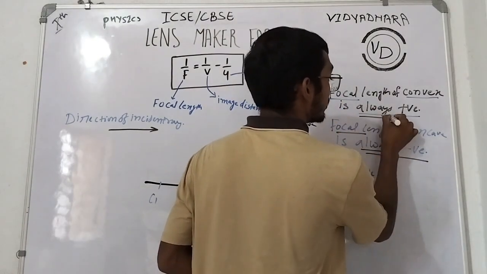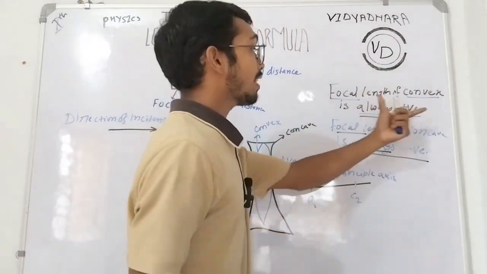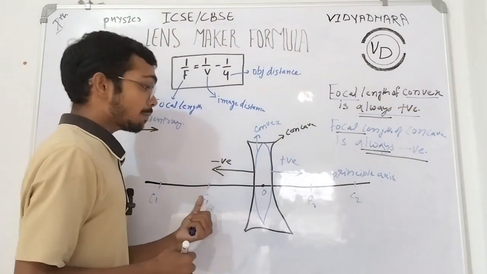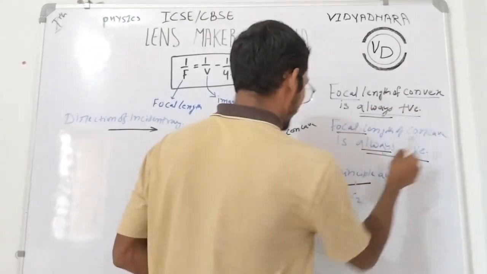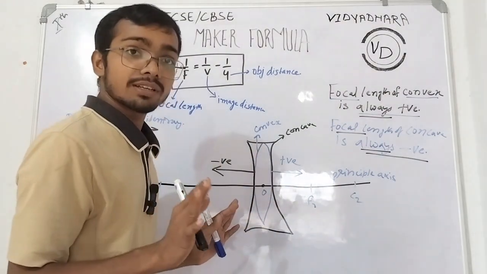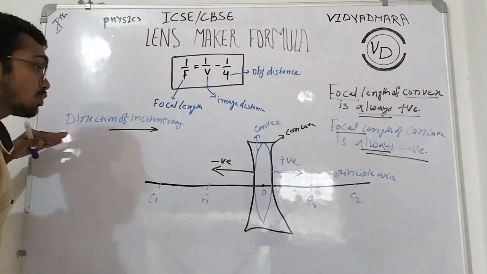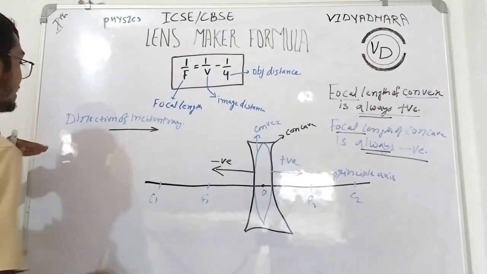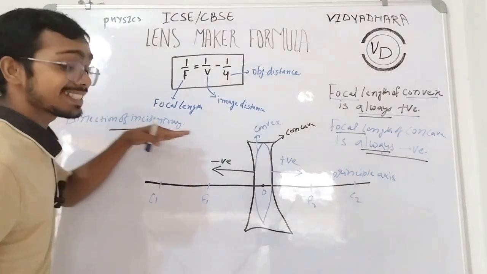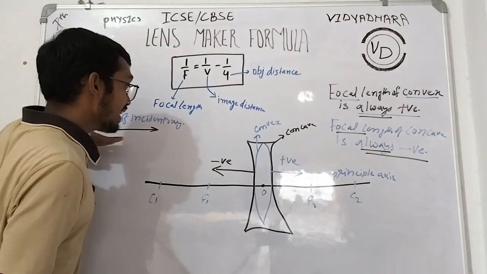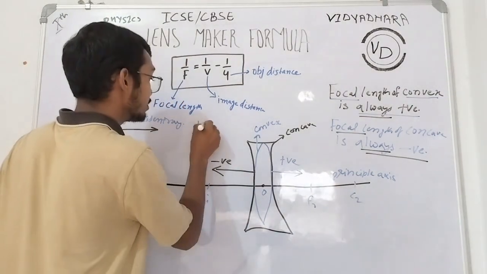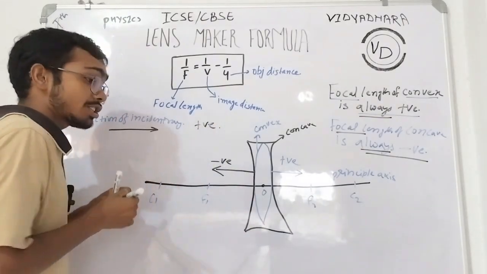Always, the term always: the focal length of convex is always positive, the focal length of concave is always negative. And whatever direction is used to measure object distance or image distance, the direction of the incident ray of light is positive.